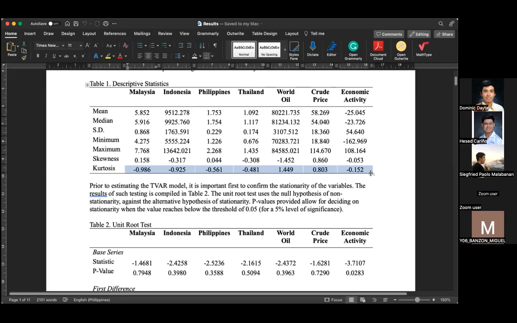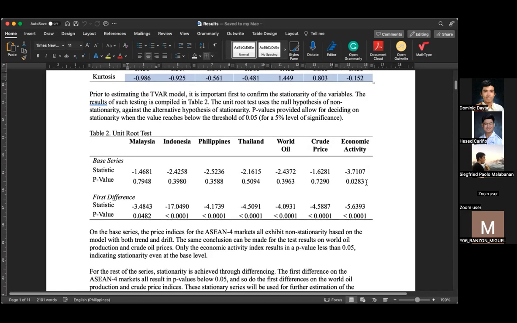Ibig sabihin, rarely kang mag-spread out in terms of values. So hindi spread out yung world oil production. That means on a month-to-month basis, hindi masyadong nagbabago yung world oil production. So that's what it means, yung skewness and yung kurtosis.